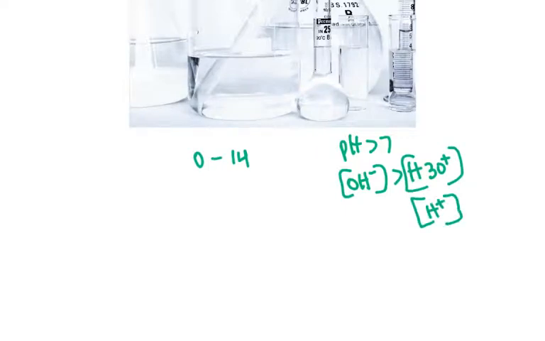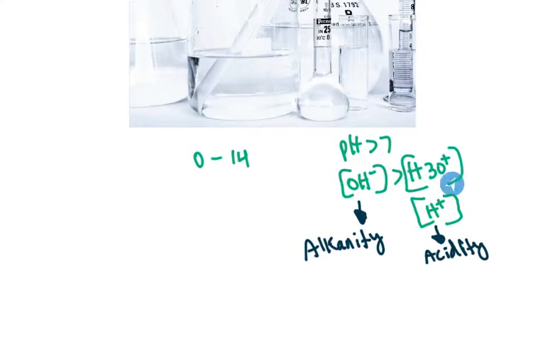If the pH is greater than 7, we have a higher hydroxyl concentration than H plus concentration, because hydroxyl concentration, remember, represents alkalinity, and the H plus concentration represents acidity. So if we have a high hydroxyl concentration, we know our pH is going to be above 7 if it's higher than our H plus concentration.